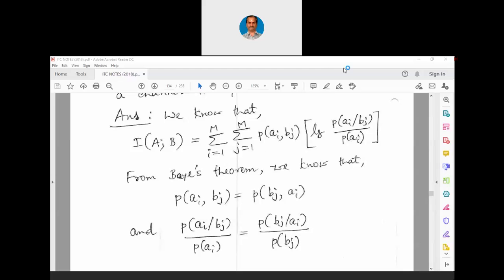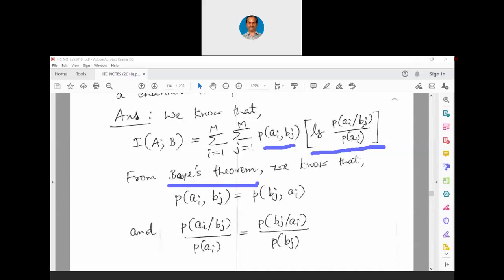Now, when this is symmetric and this is symmetric, naturally mutual information is going to be symmetric. Again from the Bayes theorem only, right? So when this ratio is symmetric, log has nothing to do with the symmetric nature, right?